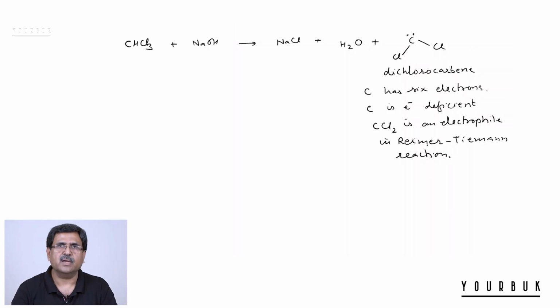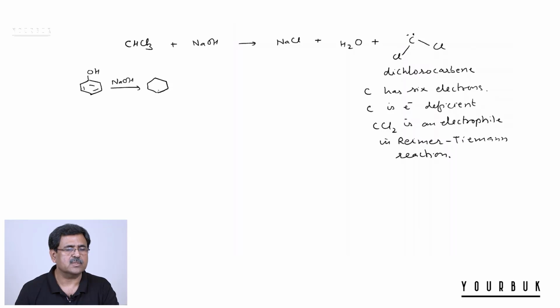Now, we will see the mechanism of this Reimer Tiemann reaction. This is the mechanism involved. Our starting compound is phenol, and phenol is first neutralized by NaOH alkali, giving sodium phenoxide.